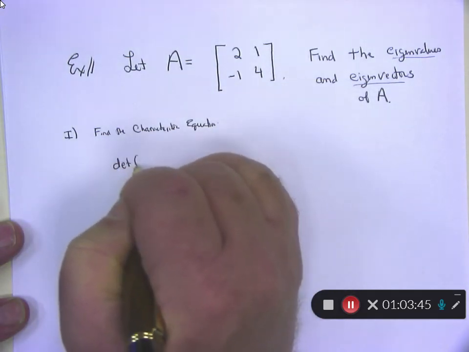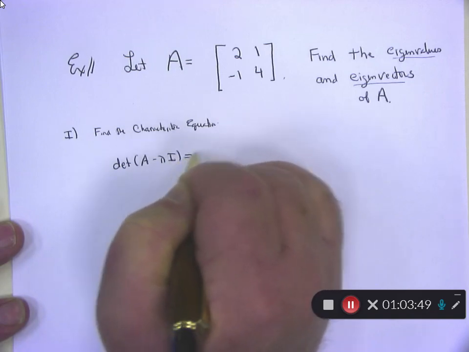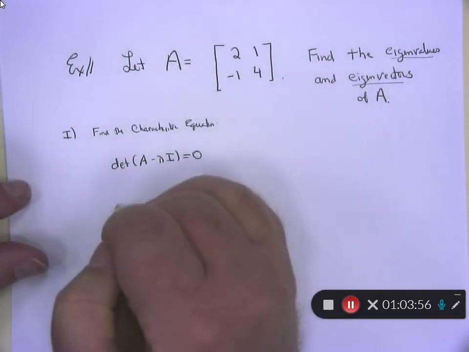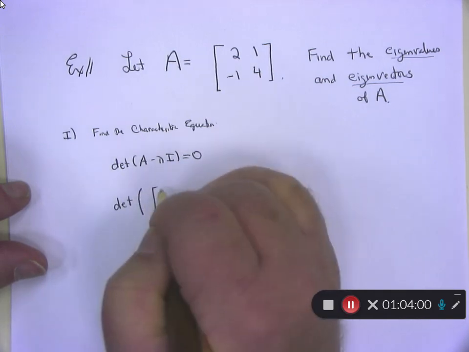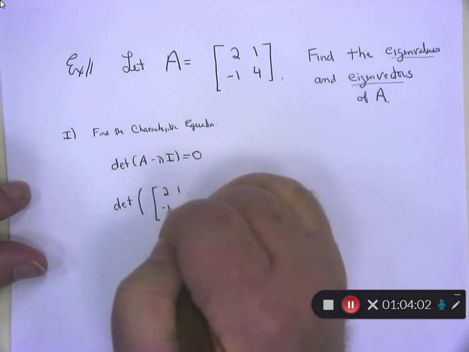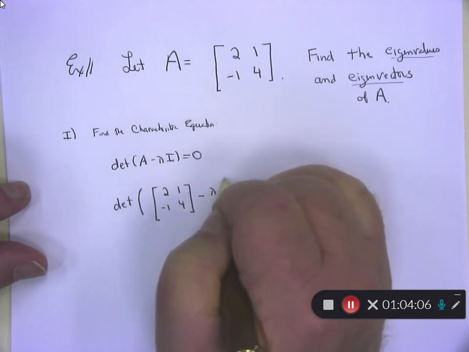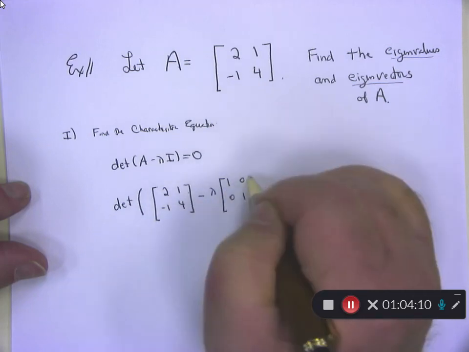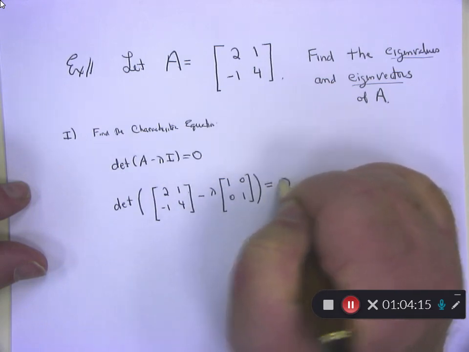It is the determinant of A minus lambda I equal to 0. That's what you need to have memorized. So this would be the determinant of matrix A, which is 2, 1, negative 1, 4, minus lambda times I, which is 1, 0, 0, 1, because this is a 2 by 2 matrix. And that's going to be equal to 0.